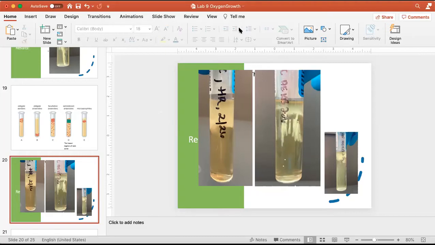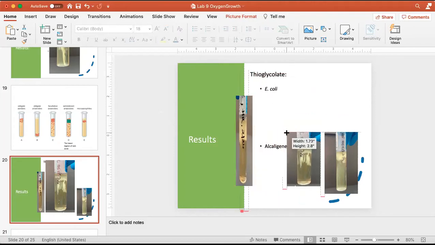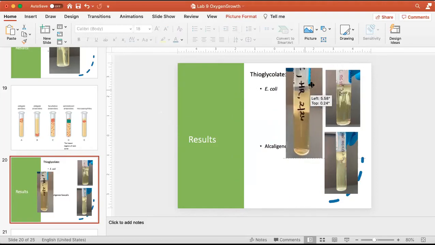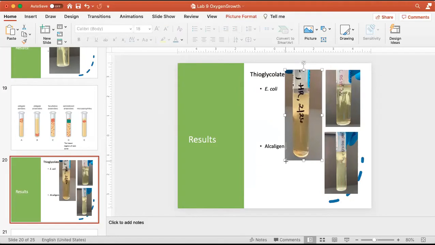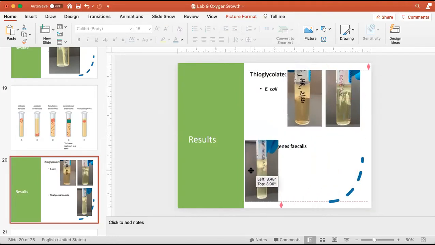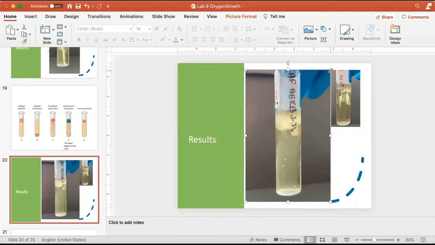Okay, so this organism, E. coli, is growing throughout the oxic zone and down into the rest of the tube. Let me move these pictures around so we can look at the last one here. This is Alkalogenes.